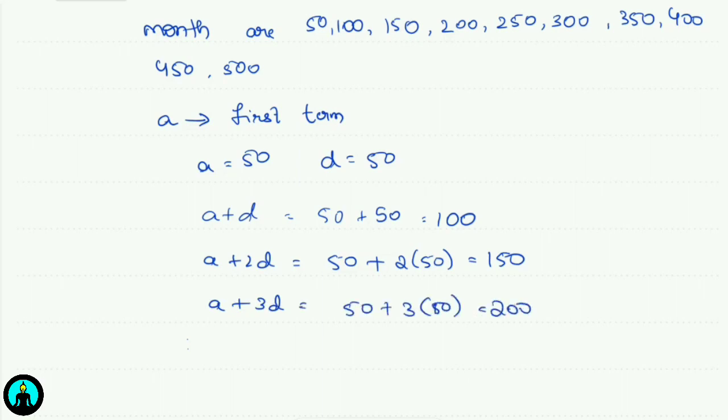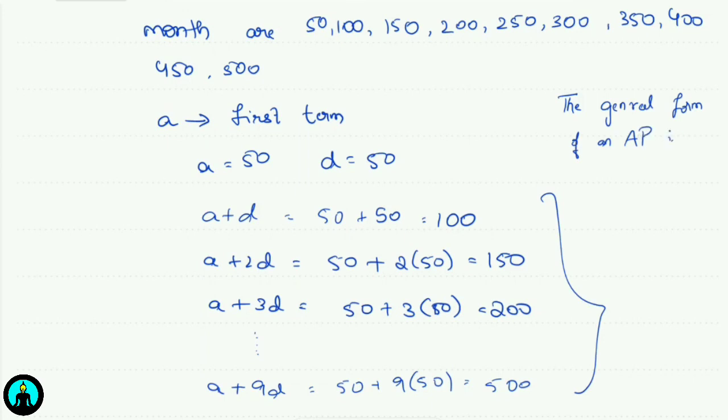At last, the 10th term, that is A plus 9D, is equal to 50 plus 9 into 50, so that is nothing but 500. So from this we can conclude that the general form of an AP is A, A plus D, A plus 2D, A plus 3D up to A plus N minus 1 into D.